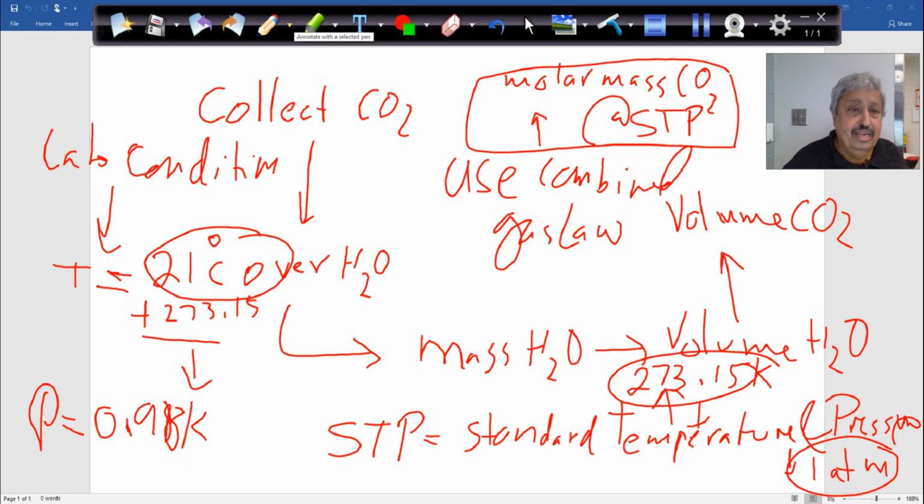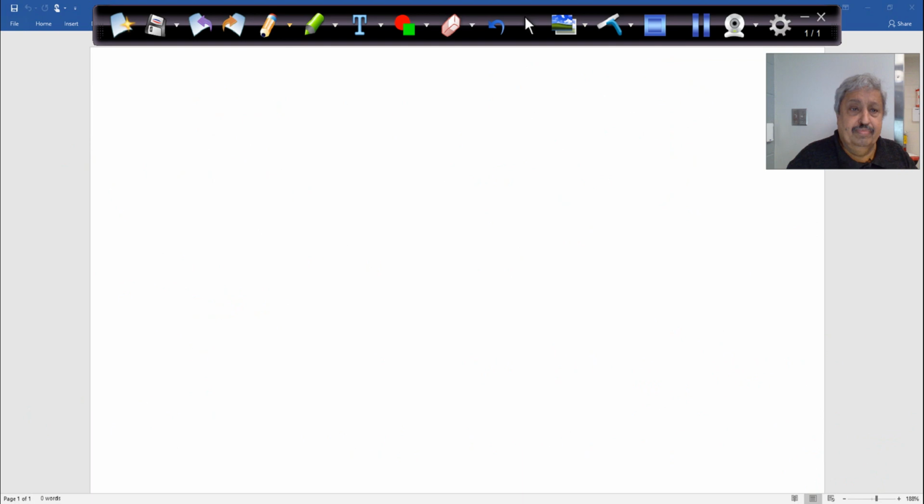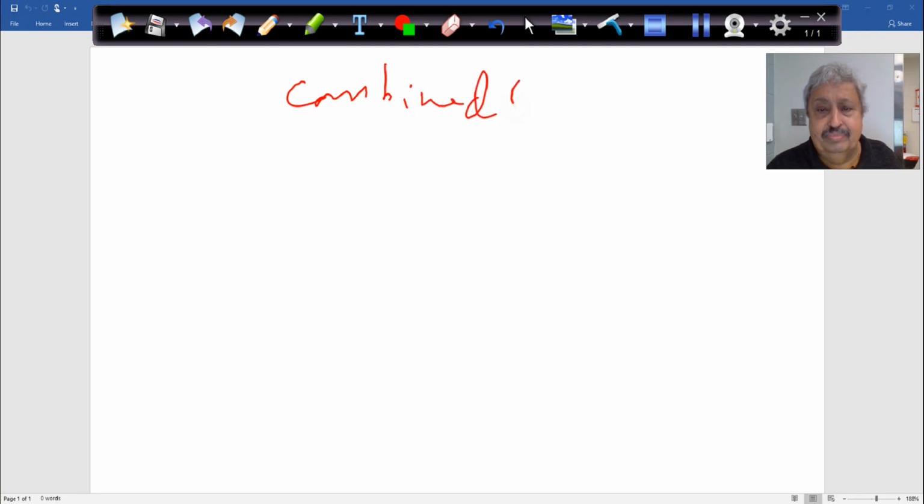Now from this, having those two conditions, one at STP we want to collect, and one at the local condition, at the lab condition, we'll have the combined gas law. It is, does somebody remember the combined gas law? Remember that?